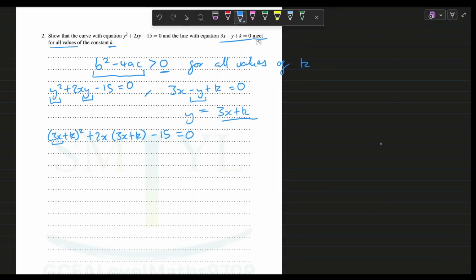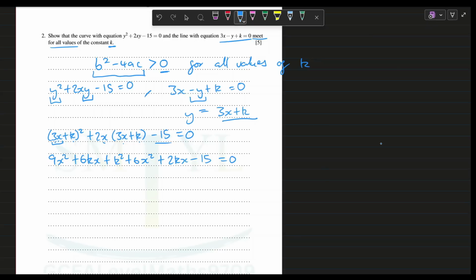So 3x squared, square the 3, that's 9, square the x, x squared. Then we've got 2 times 3x, which is 6x times k, so plus 6kx. Then we've got k squared. Then here we've got 2x times 3x, which is 6x squared. Then we've got 2x times k, which is 2kx, minus 15 is equal to 0.